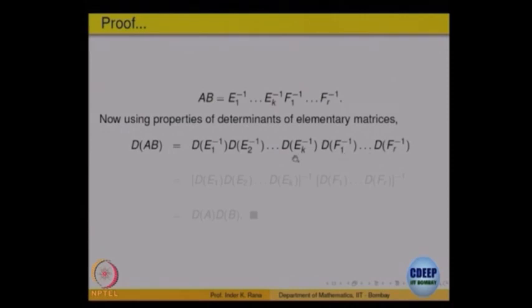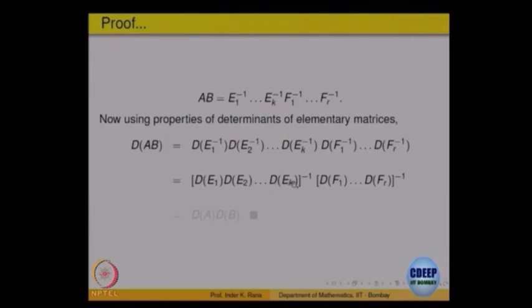Yes. Now, what is the determinant of E1 inverse? That is 1 over the determinant of E1. So, use that formula to get that the first product is 1 over the determinant of E1, E2, up to Ek, and similarly the other one.